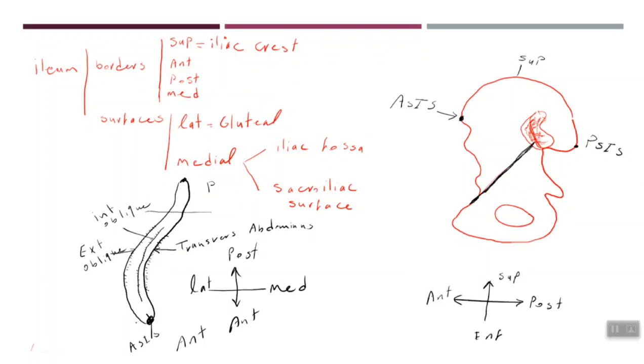Another point is that if you imagine the ASIS or anterior superior iliac spine, you can find on the iliac crest one tubercle, that name is the tubercle of the iliac crest. It is an elevation that lies on the outer lip about 5 centimeters behind the anterior superior iliac spine.